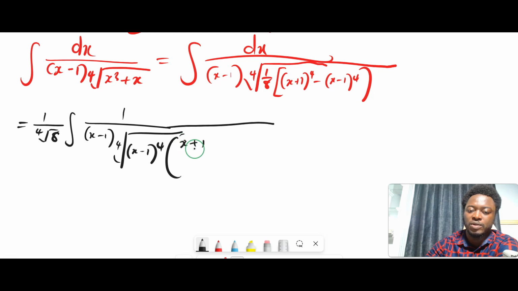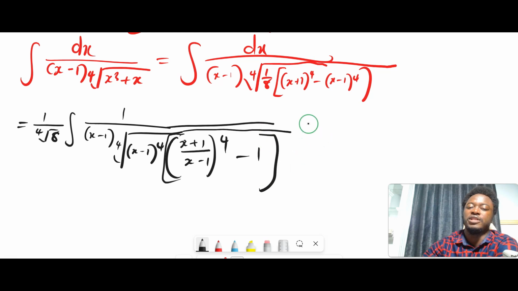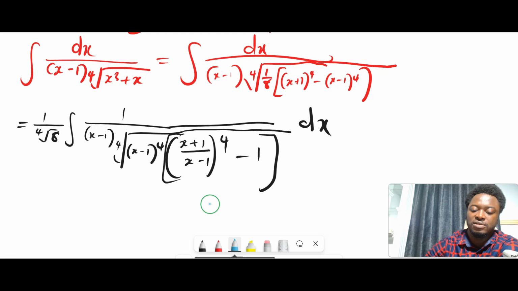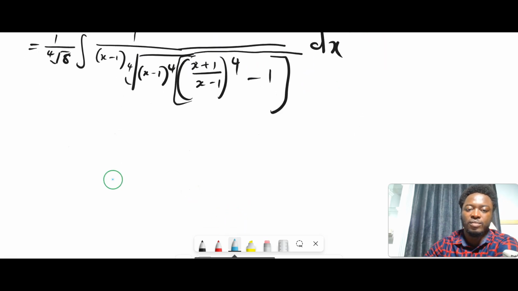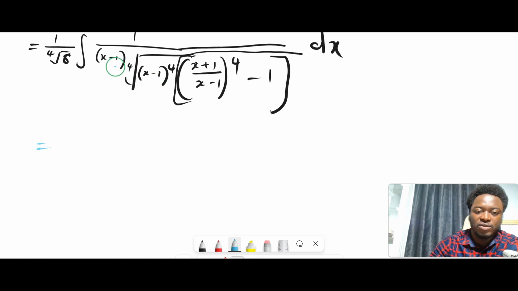So (x plus 1) all divided by (x minus 1), all to the 4th power, minus 1. So everything is under the square root sign, dx. If you go further, we should obtain, notice that if this comes out of here, you will have an x minus 1 and x minus 1 together.